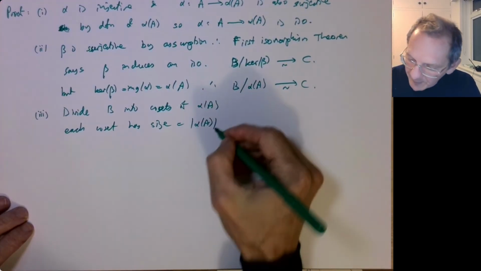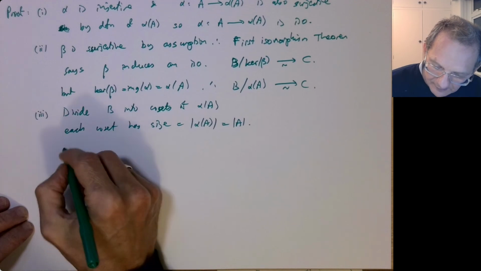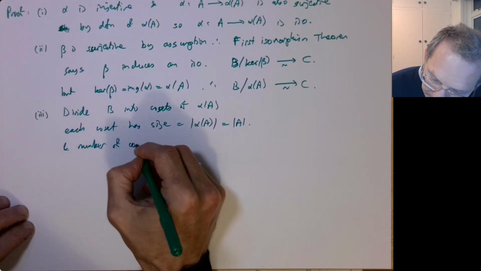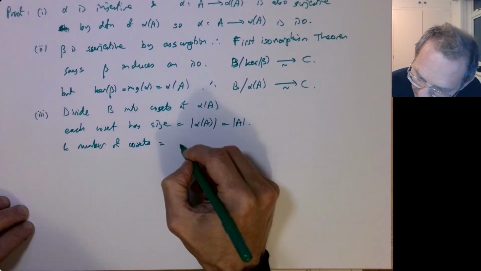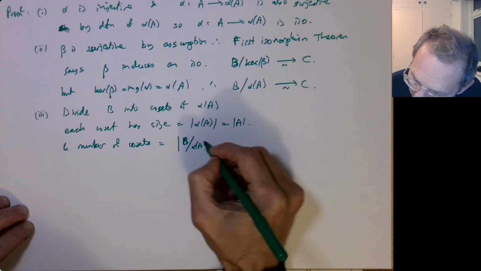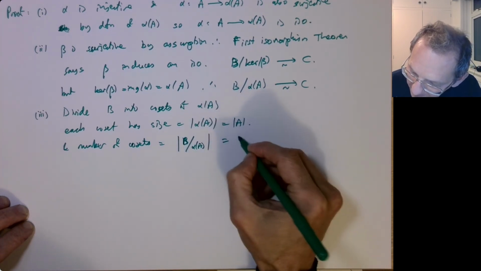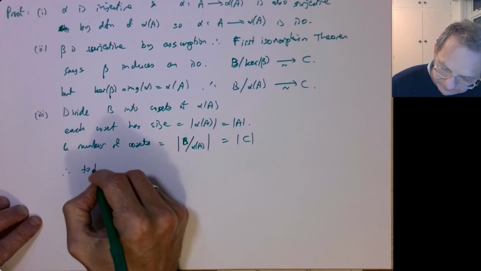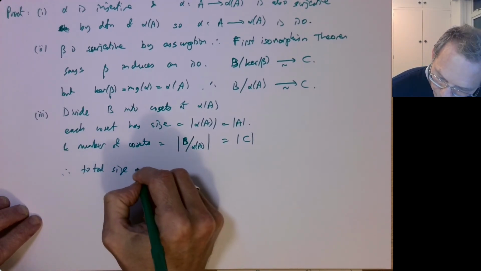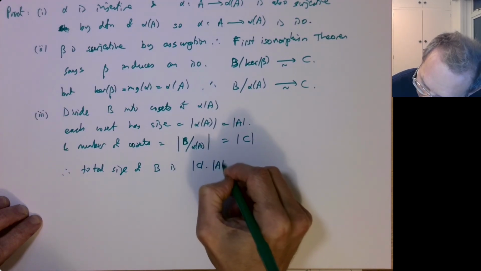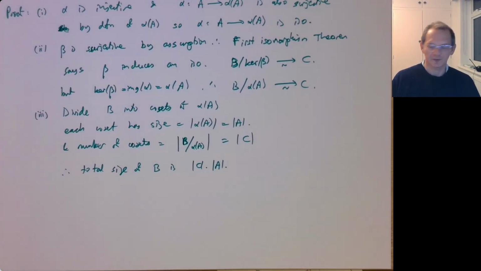So the size of each coset is equal to the size of alpha of A, which is the same as the size of A, and the number of cosets is the size of the group of cosets, which is this quotient group here, which is the size of C. So the total size of B is size of C times size of A.